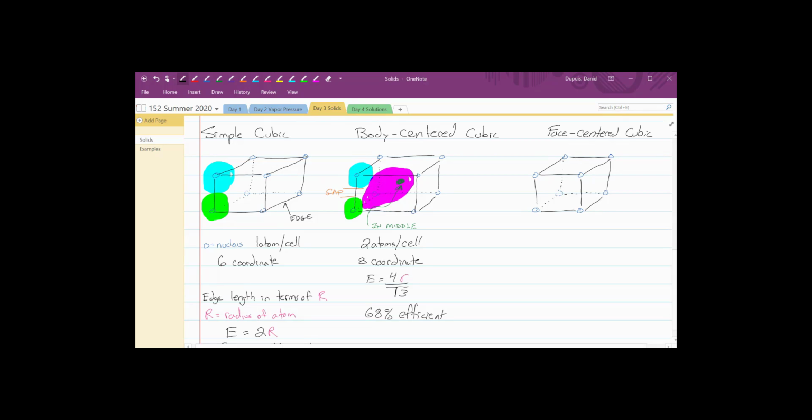In the face now, there's one on each face. That should be, yeah, I'll make it just a little bit. All right, on the face, in the middle.